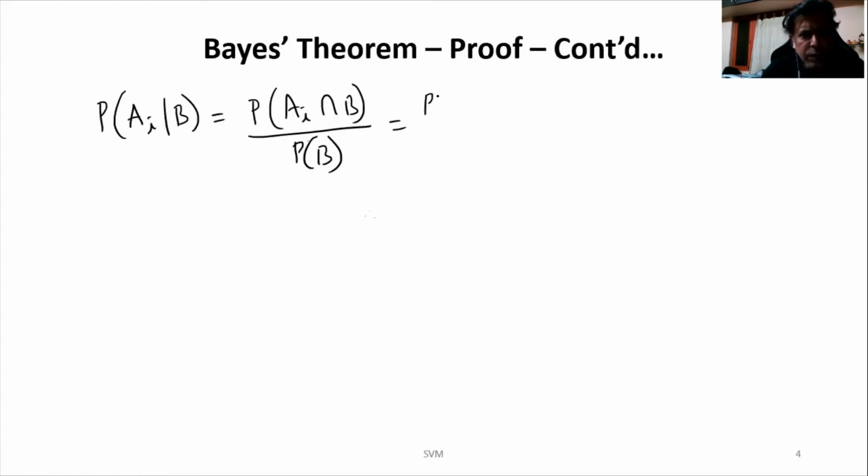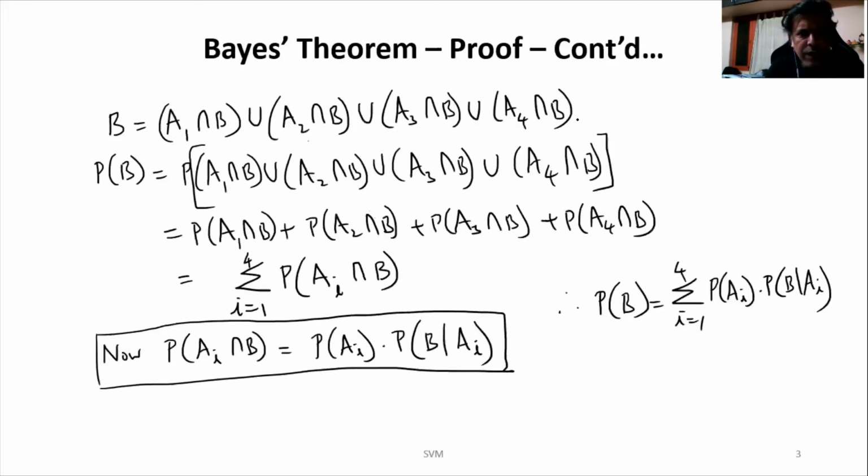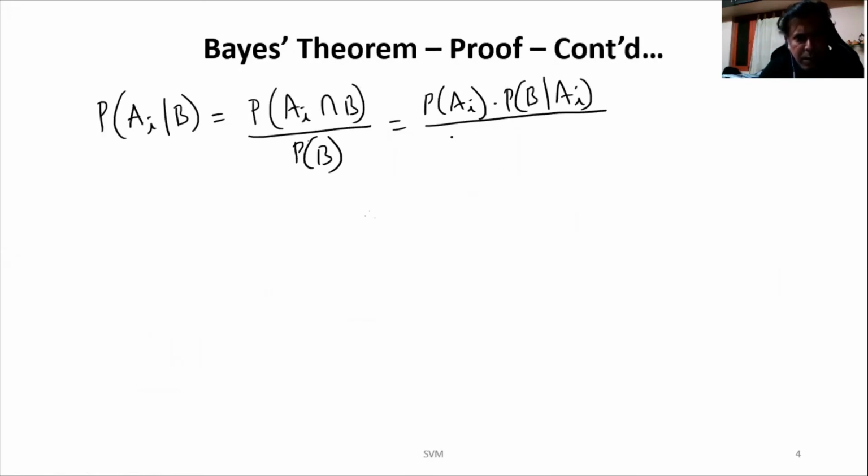So the numerator is probability of Ai into probability of B given Ai. Now, what is the denominator? Already we evaluated it previously. It is this. If you look, this expression and this expression are the same, except that here there is a summation. So let me write summation i equal to 1 to 4 probability of Ai into probability of B given Ai.